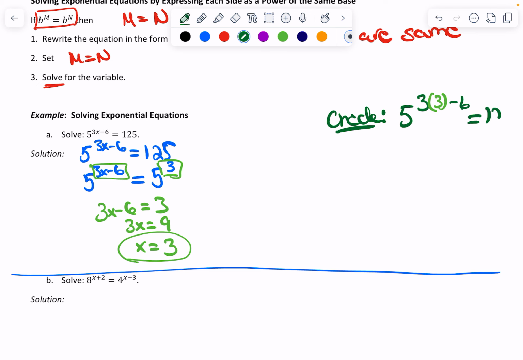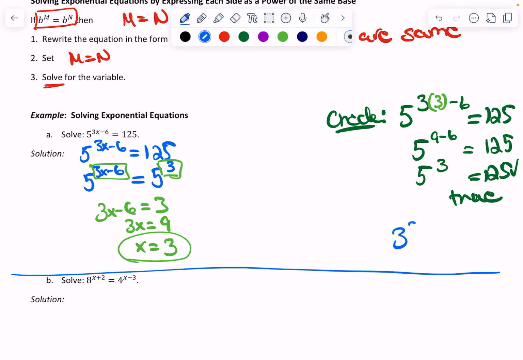This should equal 125. Well, 3 times 3 is 9. 9 minus 6 is 3. And we know that 5 cubed equals 125. So this is true. So we know that our solution set for this is 3.